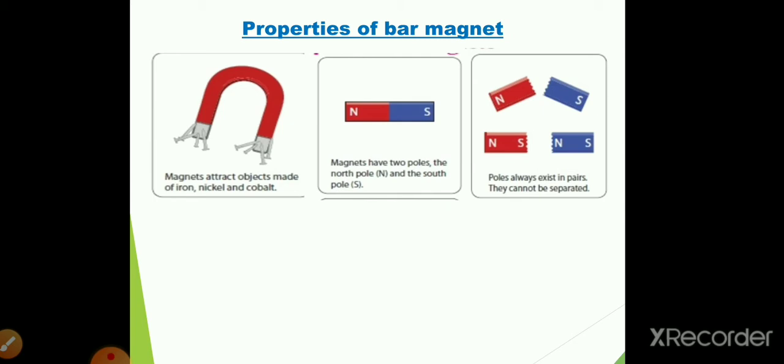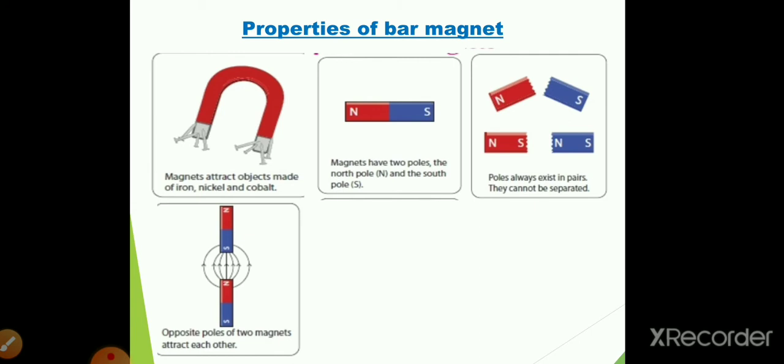You can see in the picture that when the magnet is cut, the south and north pole again exist. If you go on cutting into pieces, there still exists a north pole and a south pole. So we cannot isolate or separate the poles of a magnet. This is the third property.